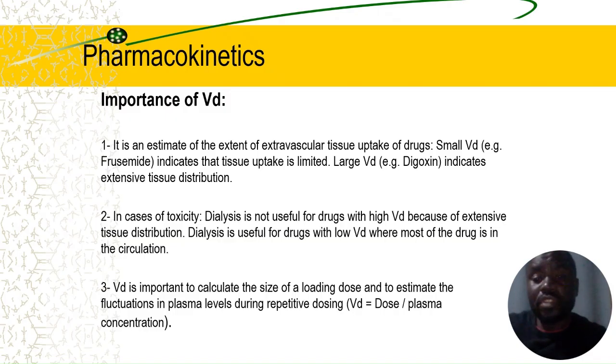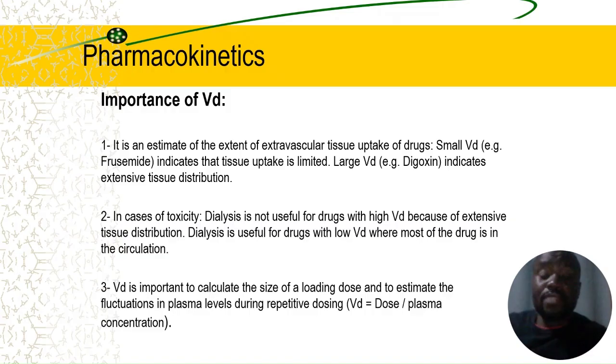Volume of distribution can be used to determine the loading dose. What does it mean? If, for example, a patient came in a critical state, maybe because of septicemia, meningitis, viremia, or bacteremia, you need to give an amount of the drug that will quickly correct or reduce the microorganisms in the body.